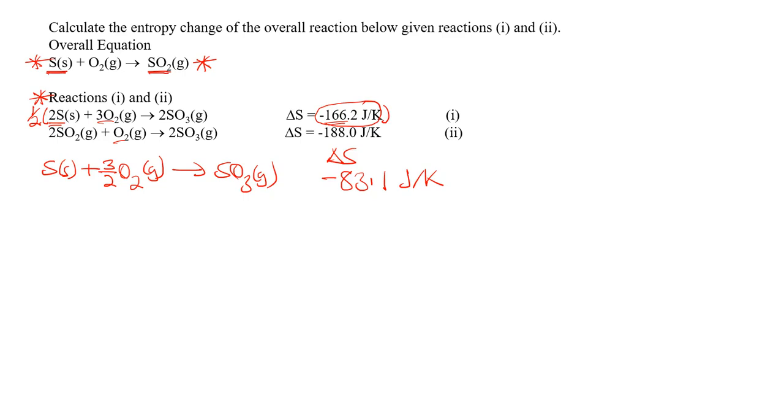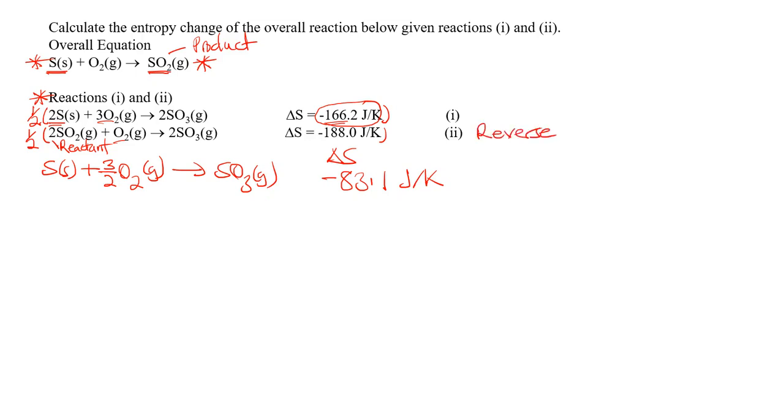So it tells us immediately that we need to multiply this one also by half, so that we have 1 SO2 in both cases. But here, the SO2 is a product, and this one is a reactant. So in that case, you need to reverse this equation.